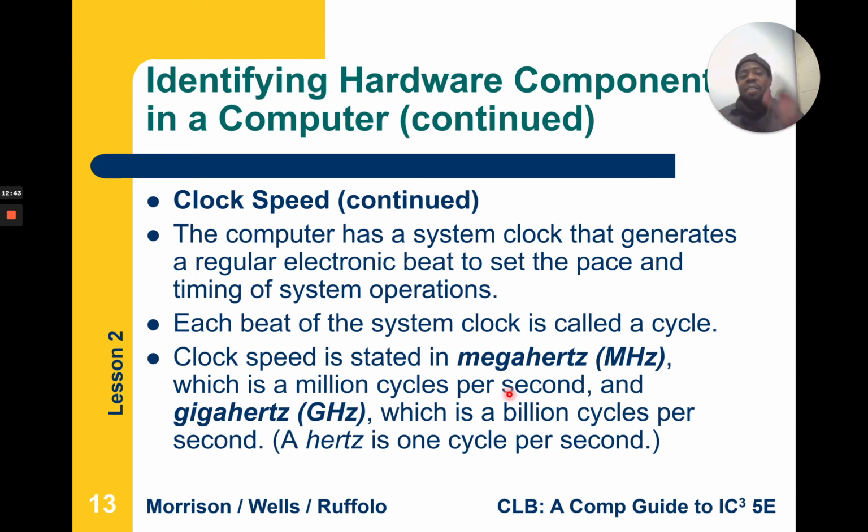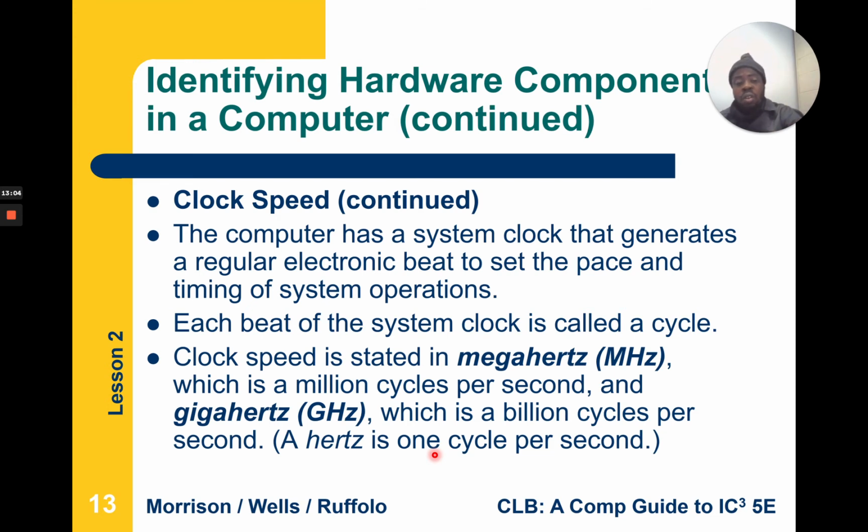I cannot do a million rotations with my hand, that's not possible, but your PC can do much more than that. And you have gigahertz, which is much more, a billion cycles per second. A hertz is 1 cycle per second.